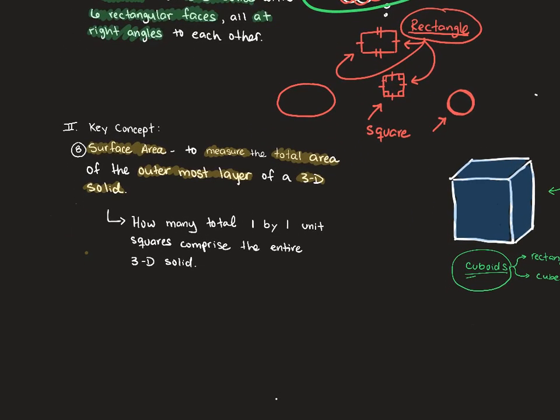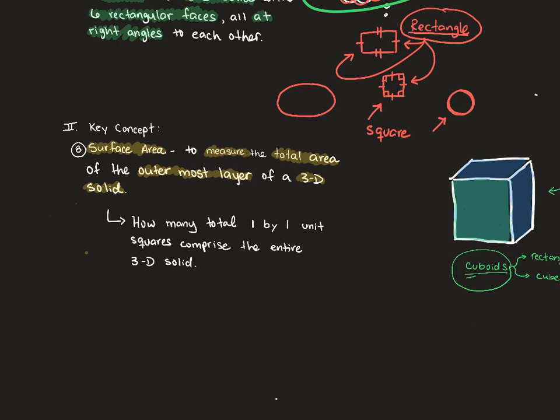And just to be clear, what we're really doing here is we're getting the area of all the sides and we're adding them together. That's really what surface area is. So I get the area of this face and then the back face, the two side faces, the top and the bottom face. Get all those areas and add them together.